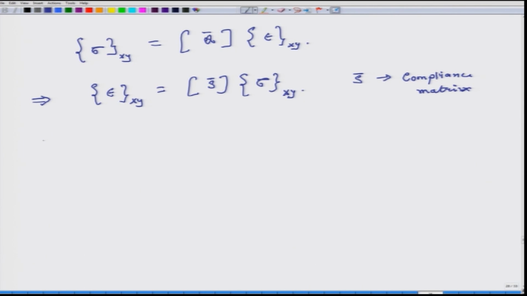So, the mathematical relations between different Q bars and S bars is this. S11 bar is equal to S11 C4 plus S22 S4 plus 2 S12 plus S66 S square C square.